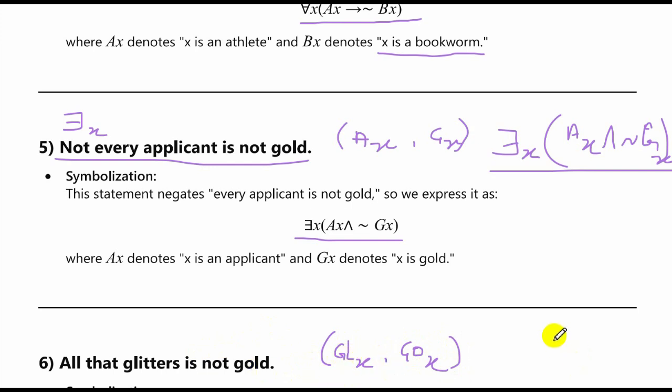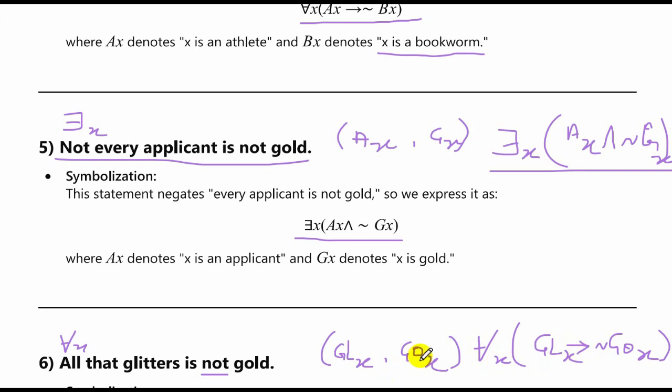In my case, I'm just putting GLx and GOx. Now we know it's not gold, so first we negate it. Then we determine what symbol and quantifier to use. All that glitters: all means universal quantifier, and with the universal quantifier we use the implication.